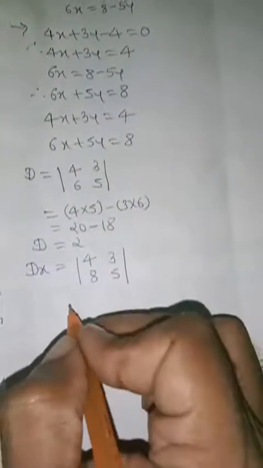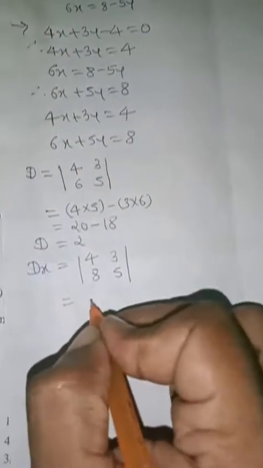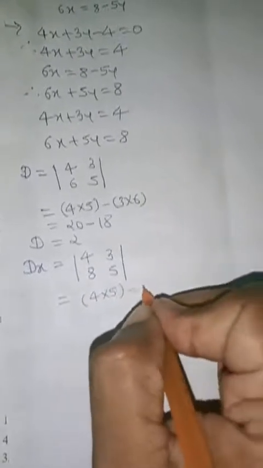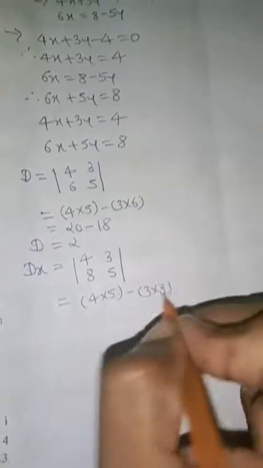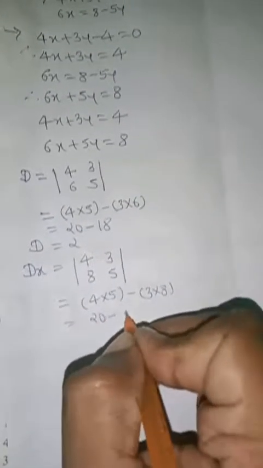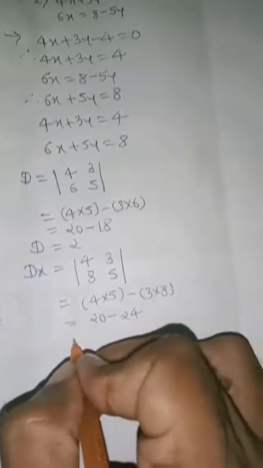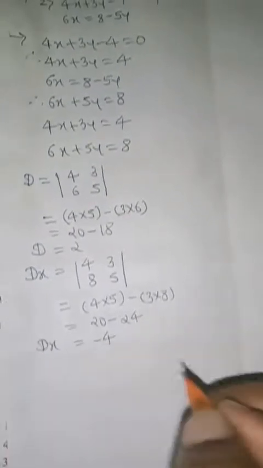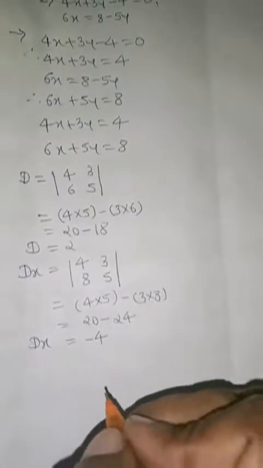We have to calculate the value of this Dx. Again cross multiplication, 4 into 5 minus 3 into 8. 4 into 5 is 20, minus 3 into 8 is 24, and 20 minus 24 becomes minus 4. Dx is equal to minus 4.